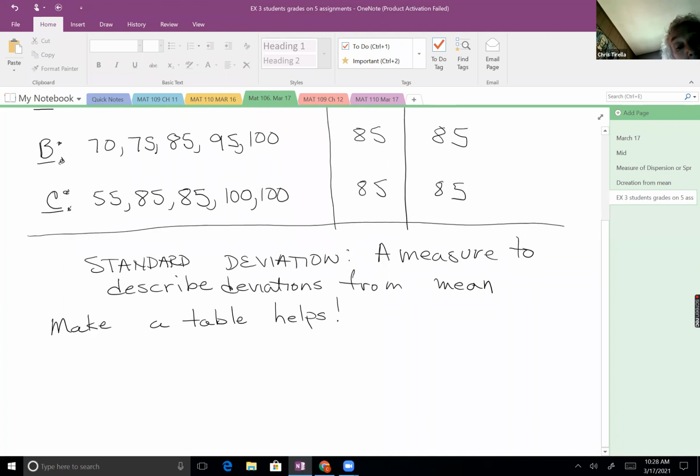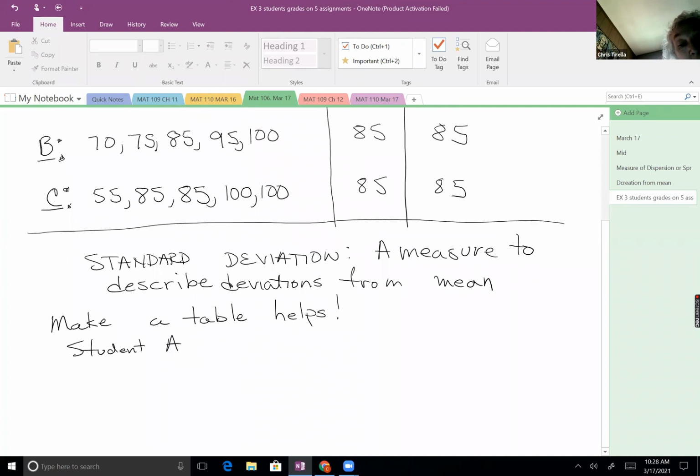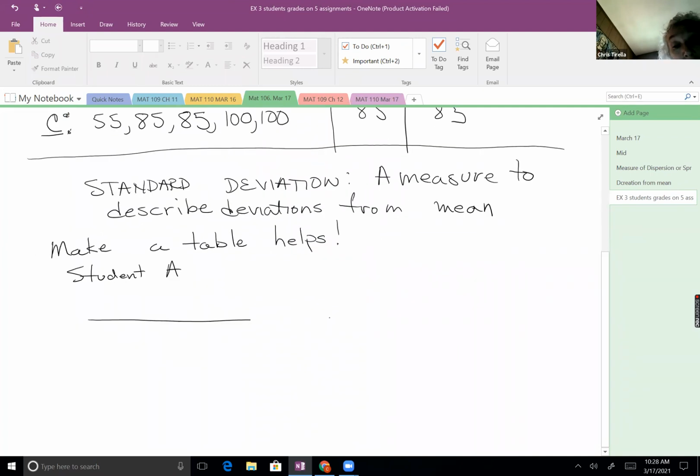And so let's look first at student A. And we're going to go through and find this by making a table. The first column I'm going to label X sub I. And again, that X sub I was my notation for data values.